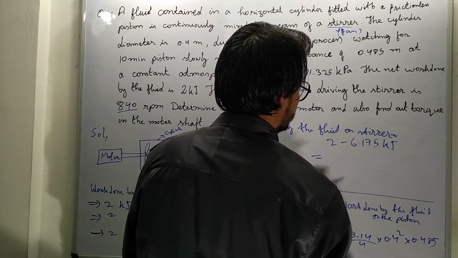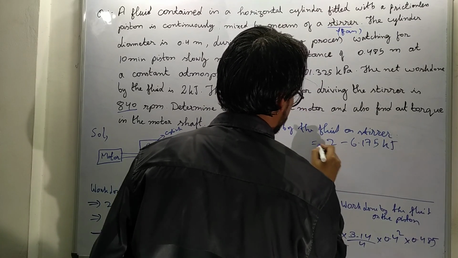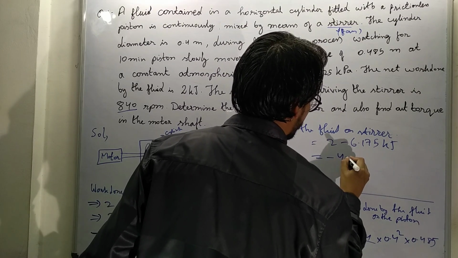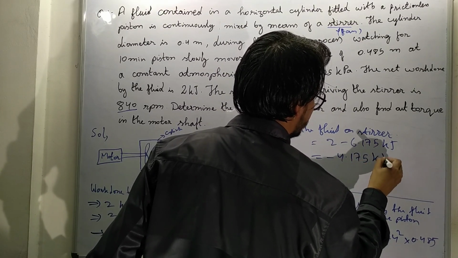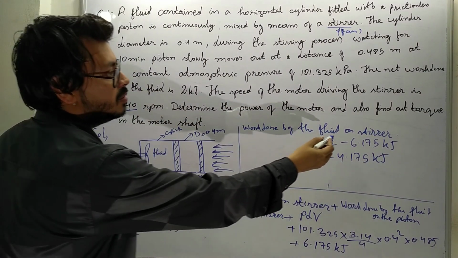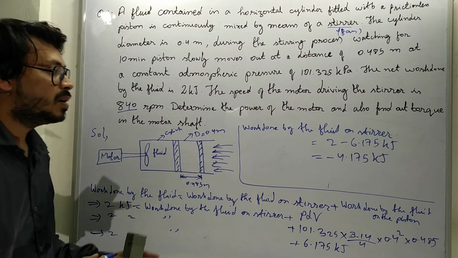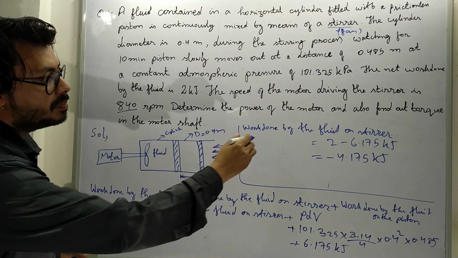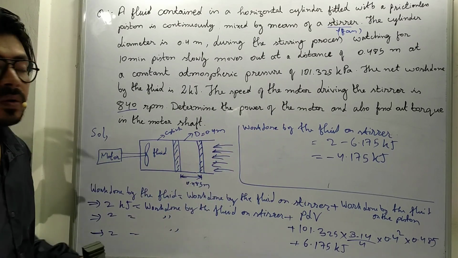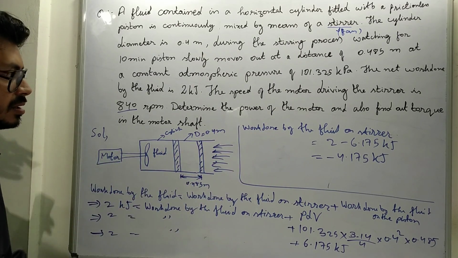This is equal to minus 4.175 kilojoule. Work done by the fluid on a stirrer is negative, that is minus 4.175. That means work is not done by the fluid. So work is done on the fluid by the stirrer.